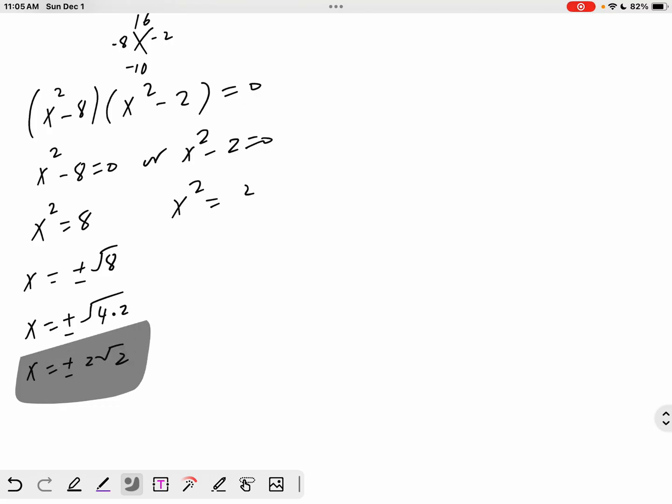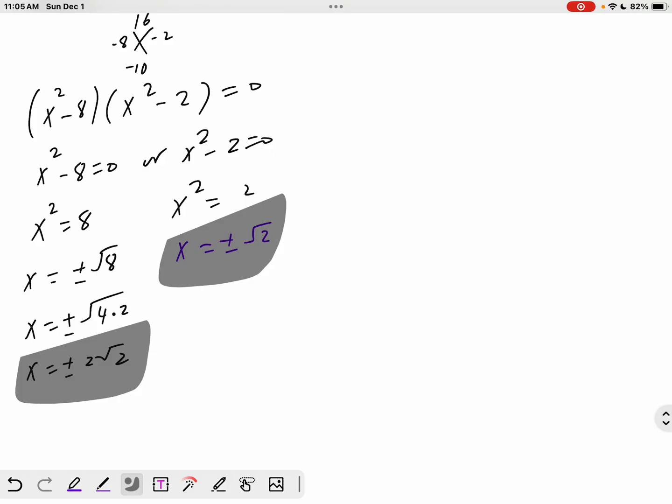That is the first two x values. And the other one is x equals positive or negative the square root of 2. That's your two other x values. So we have 4 x values. So that's how we solve for x.